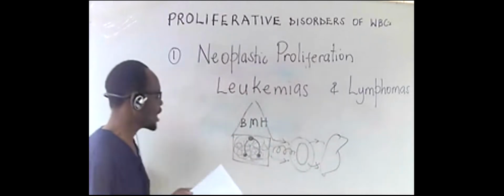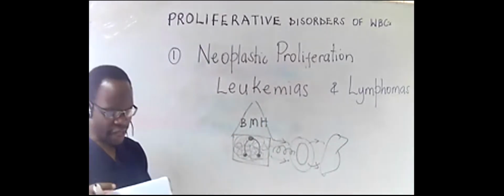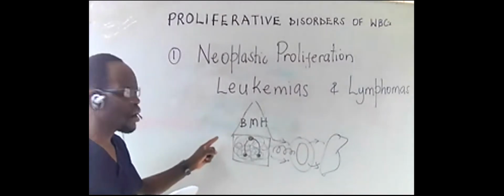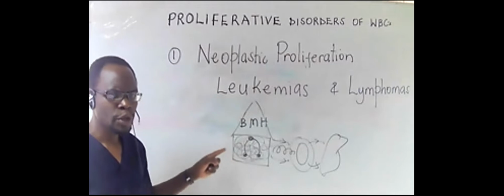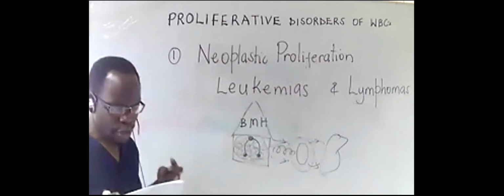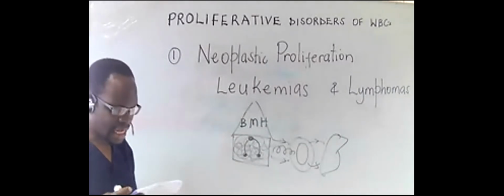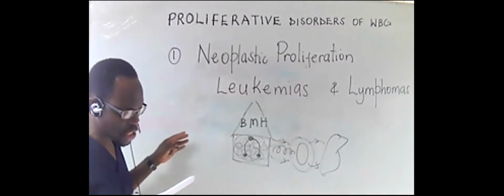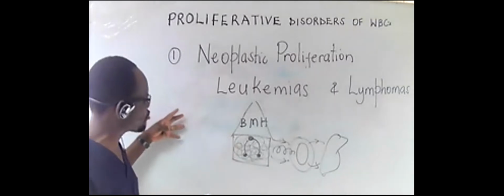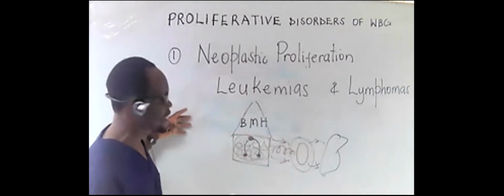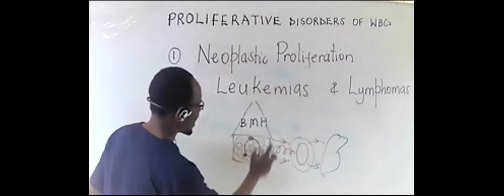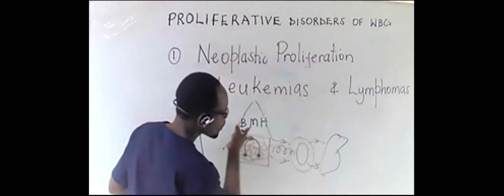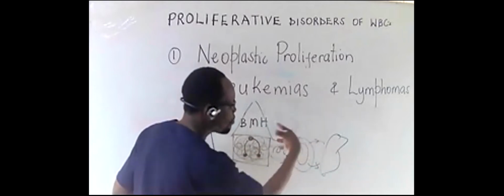And other structures. So with leukemia, you have excessive proliferation of these hemopoietic stem cells, so it basically spreads like milk. It infiltrates the whole bone marrow, and even goes into the blood circulation.